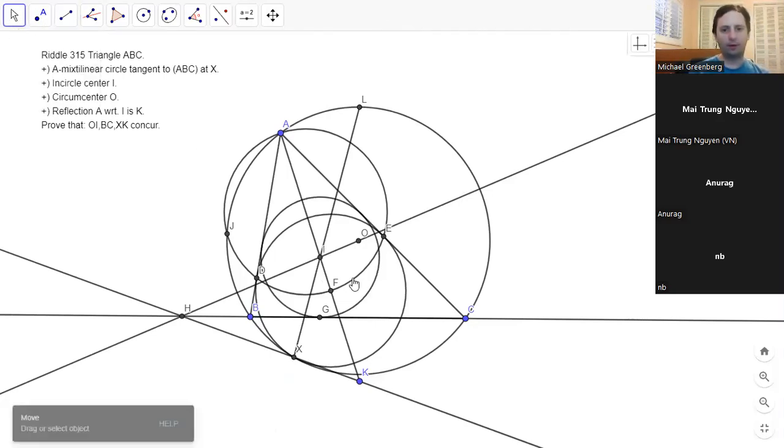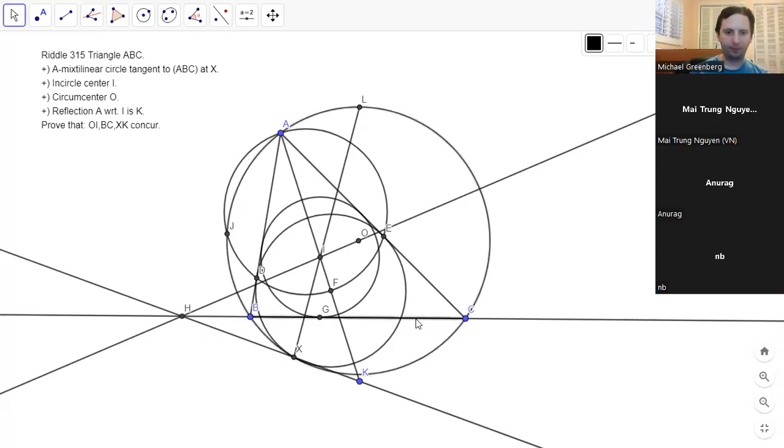Yeah, so what's the other circle? So we have this circle and this circle tangent at X. So this would be one radical axis. And then can we find another circle where this is a radical axis?